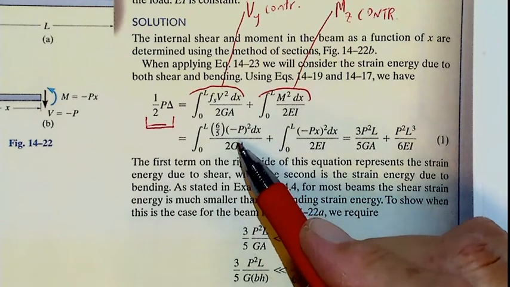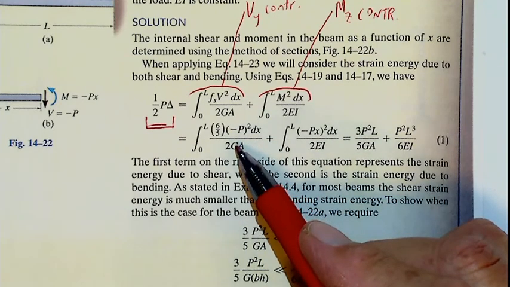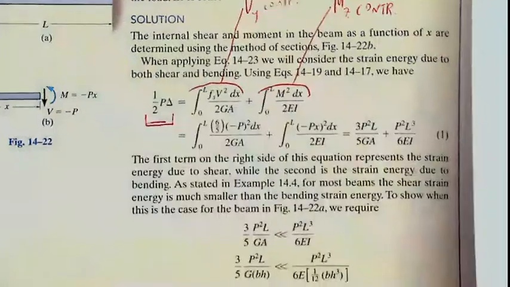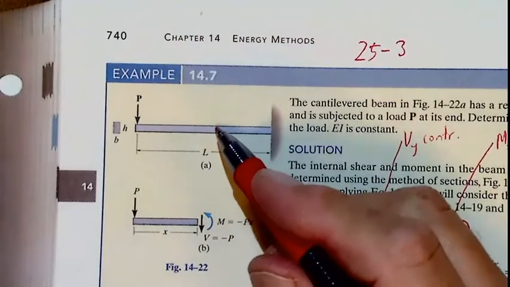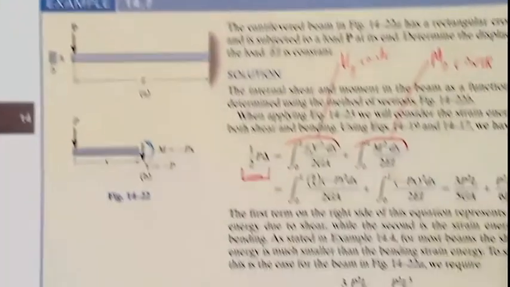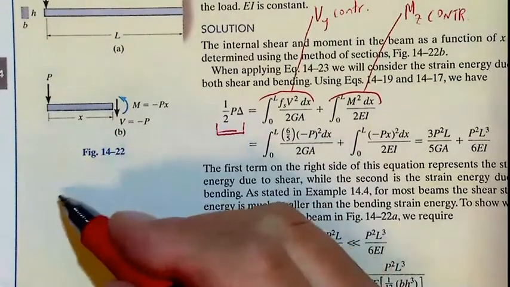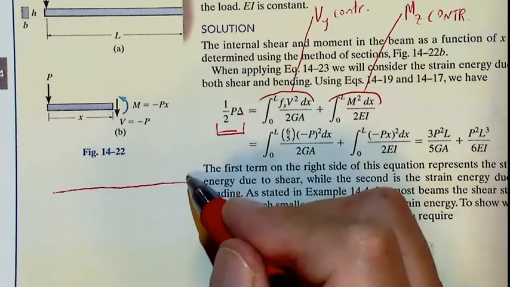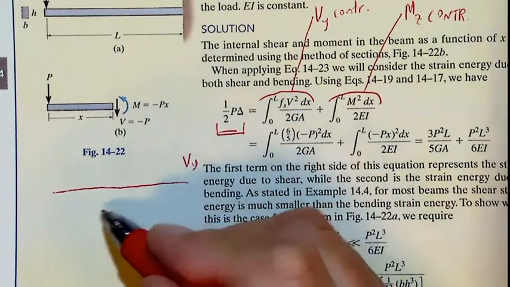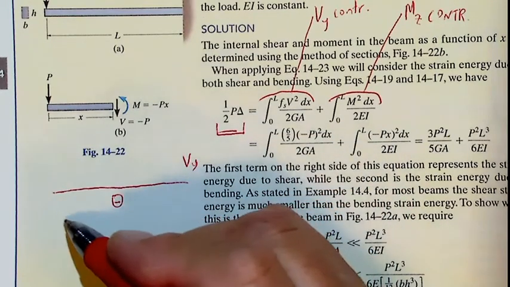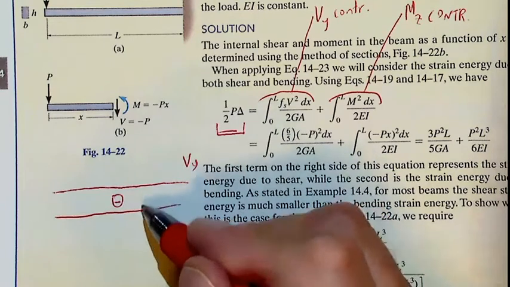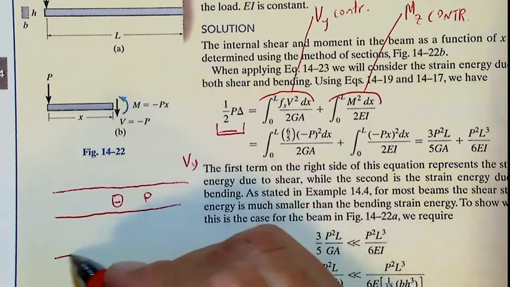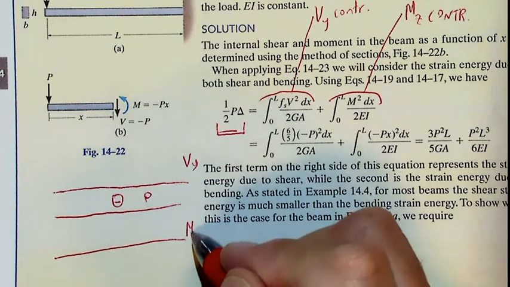Shear equals minus P. Indeed, the shear force diagram would be like this. That is Vy, and that is the negative value P. Bending moment Mz.